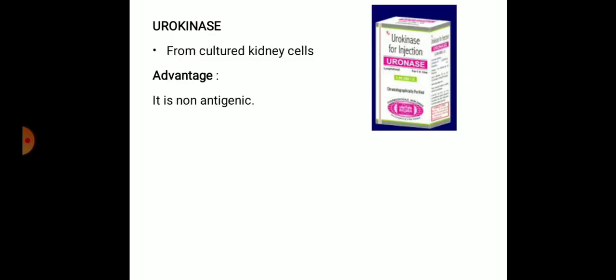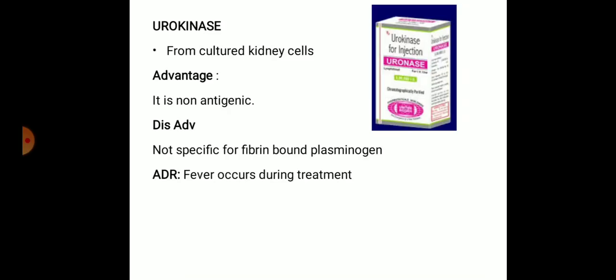The second drug is urokinase. As the name tells, uro, it is obtained from the urine. Now it is obtained from cultured kidney cells. The advantage is that it is non-antigenic because of human origin. Disadvantage: it is not specific for the fibrin-bound plasminogen. I repeat, we require only the activation of plasminogen which is bound to the fibrin, but it can activate all the plasminogen circulating in the blood.